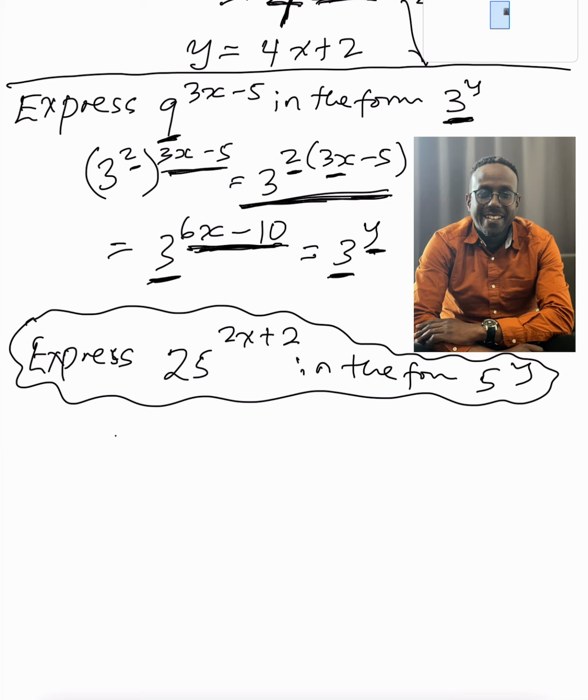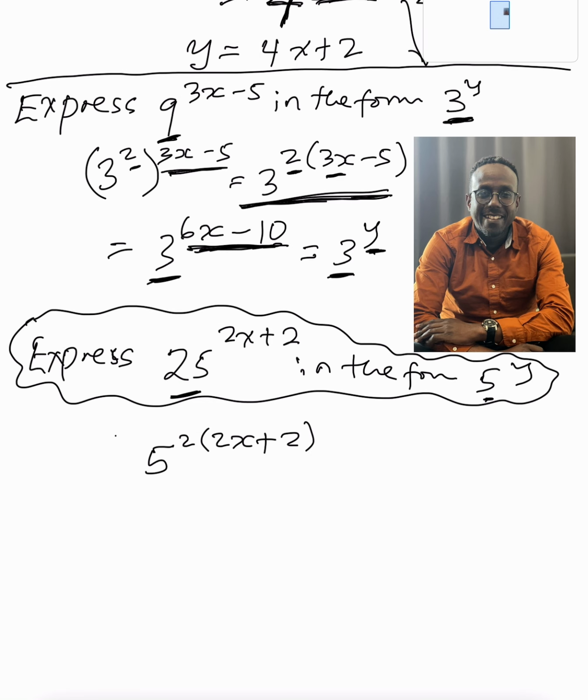Okay, I hope you've tried it out. So we're looking at this 5, and we're looking at 25, and we know 25 can be written in terms of 5. We know 5 times 5, or 5 squared, is actually 25. So I'll simply write 5 to the power of 2, open the bracket. I'm going to do this very quickly now. I won't put that first bracket, 2x plus 2.